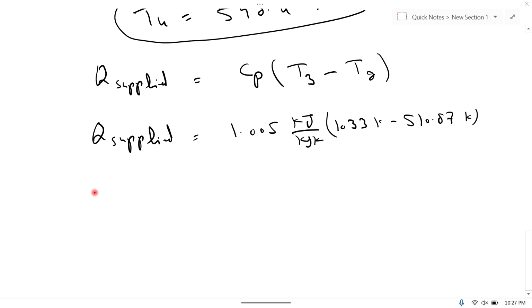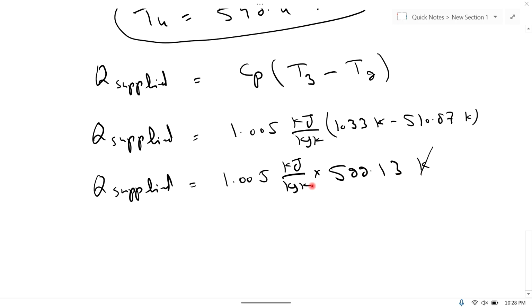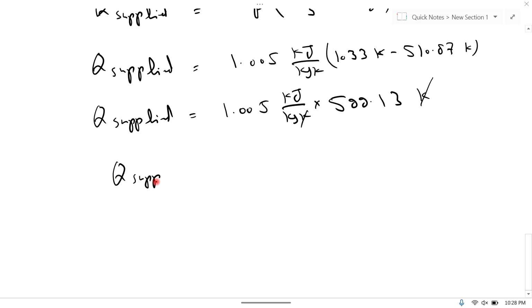Simplify this whole value: 1033 minus 510.87 is equal to 522.13 Kelvin. The Kelvin will cancel with Kelvin, and finally heat supplied will be equal to 524.74 kilojoule per kilogram.